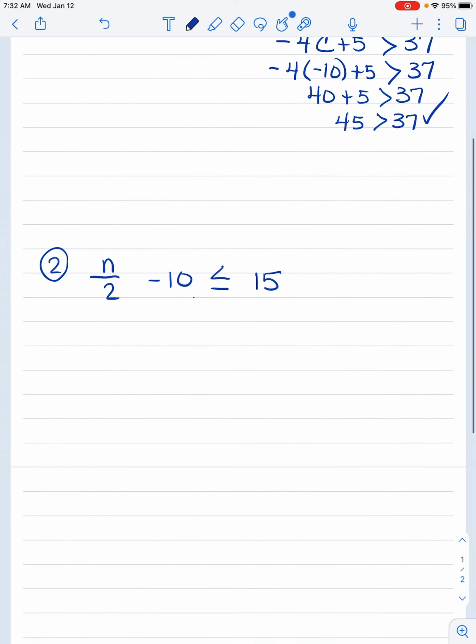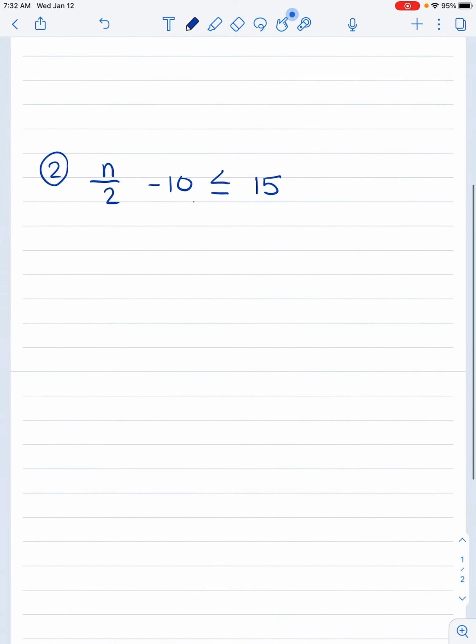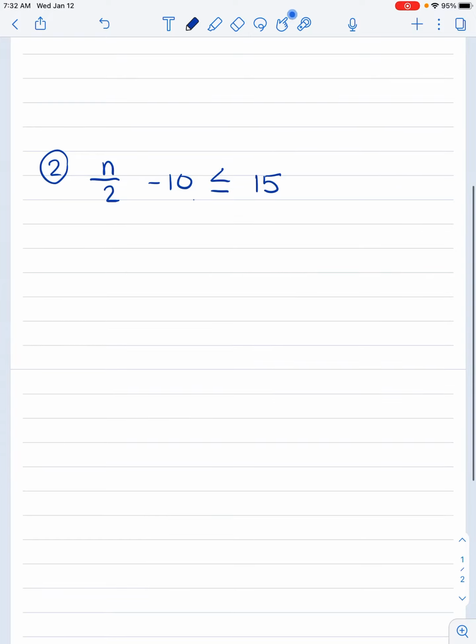Okay, let's look at one with some division. Same thing. I'm going to do my order of operations, and you can use whatever method you like to remind yourself about order of operations. So first thing I'm going to do, I'm going to look for any addition or subtraction.